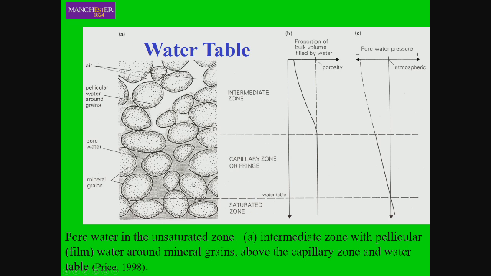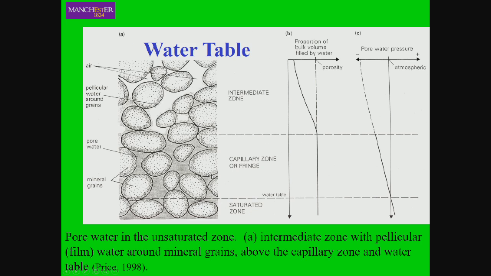But the water goes above the water table through this capillary zone, the same way that if you had a cube of sugar and put it on top of a coffee, the coffee will slurp its way up through the lump of sugar. It will actually rise above the level of the coffee. That's due to capillary action, and that happens in groundwater systems as well.